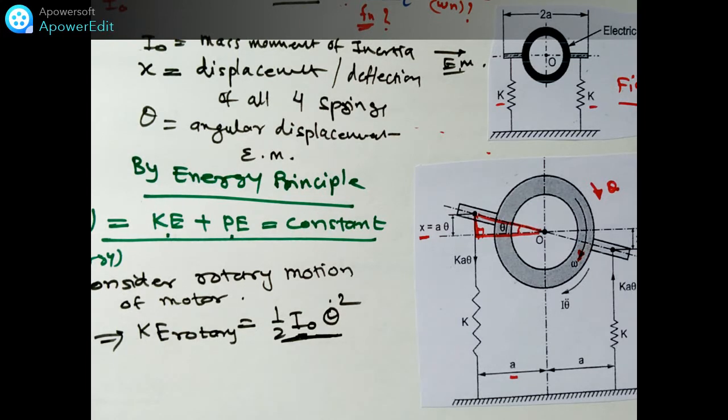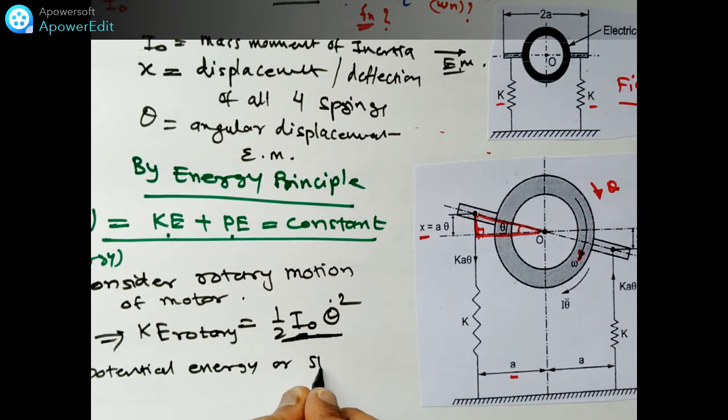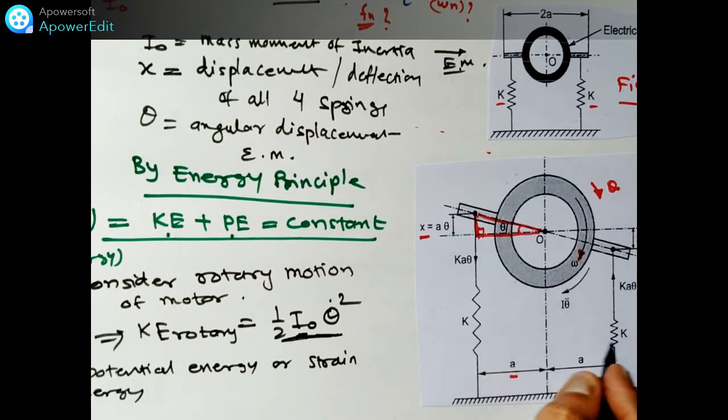Now the total potential energy, or we can say the strain energy. This means the spring.